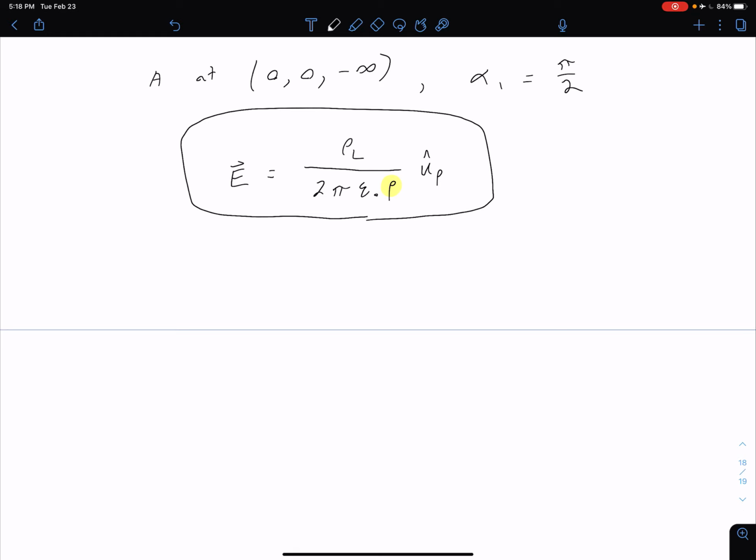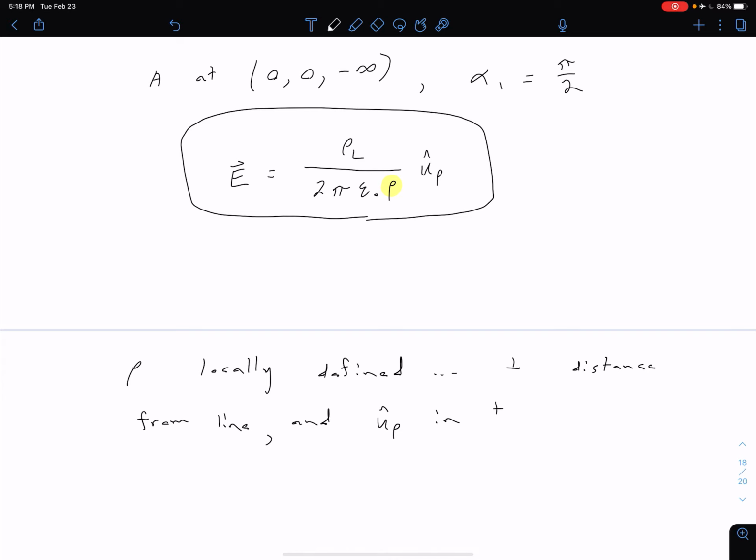So in general, keep in mind that this rho is locally defined, not globally the way our coordinate system parameters were in previous units. Our rho is going to be defined as the perpendicular distance from our line, and of course our u of rho is going to be in that direction as well.